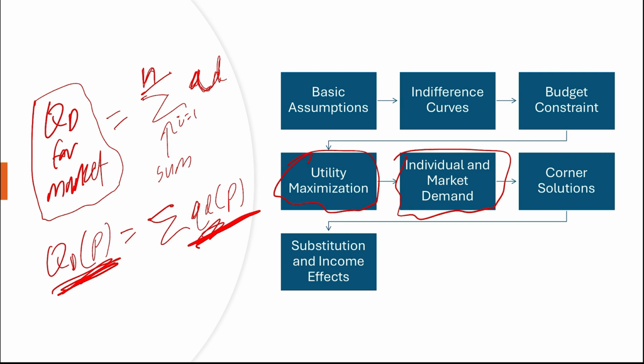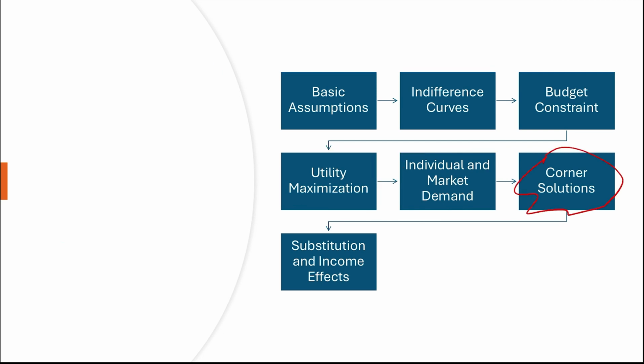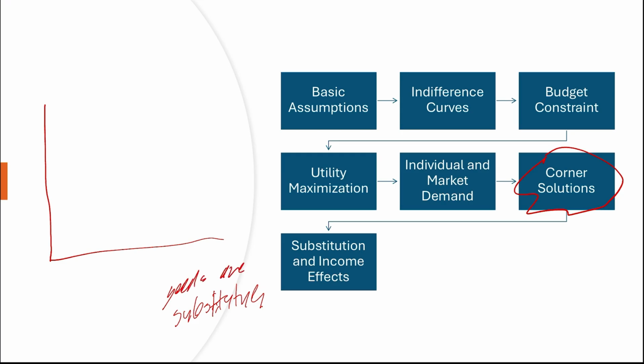Of course, there's one caveat here, which is corner solutions. For the most obvious cases, if goods are substitutes, like say for example Pepsi and Coke, then the indifference curves might look a lot like straight lines.